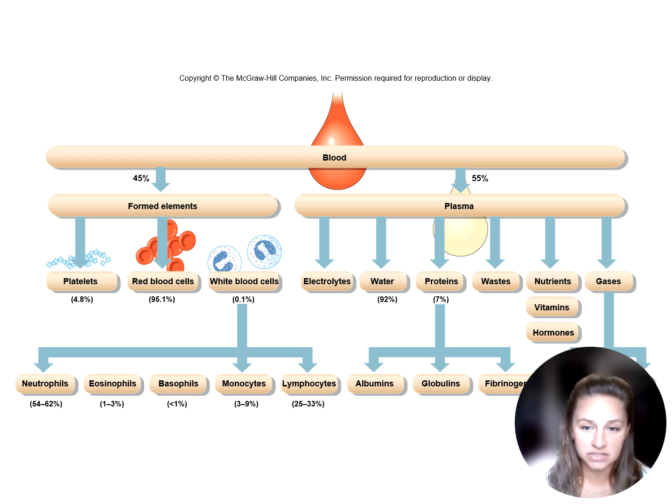We'll talk about what each of these do. It contains waste, different nutrients, vitamins, hormones. Remember, in the endocrine system, we said hormones go through the bloodstream, so this would be where those hormones are, in the plasma part of our blood. And then also gases. So there's nitrogen, oxygen, and carbon dioxide in our blood plasma.